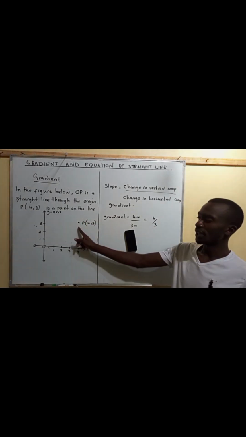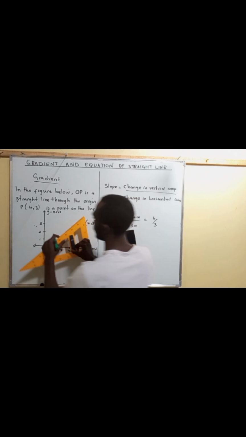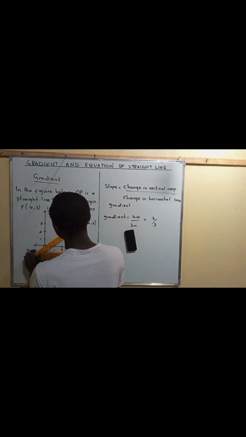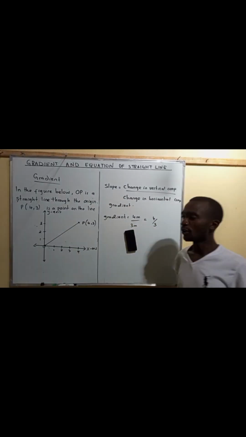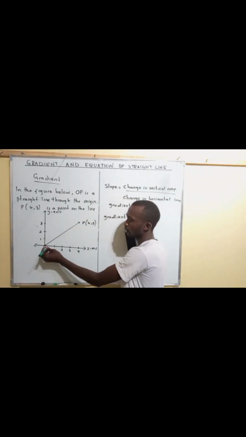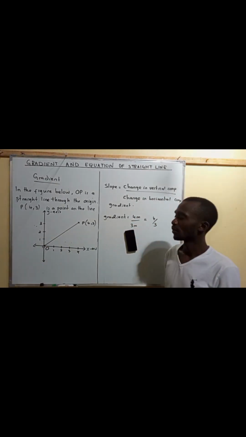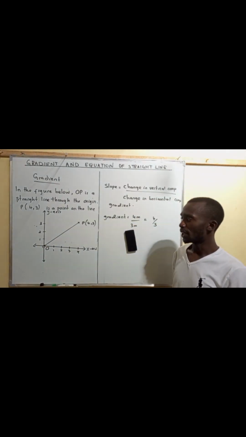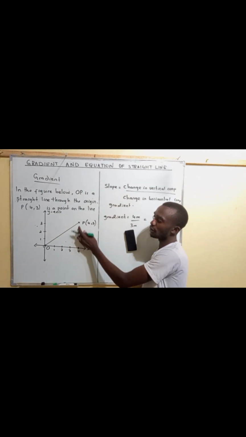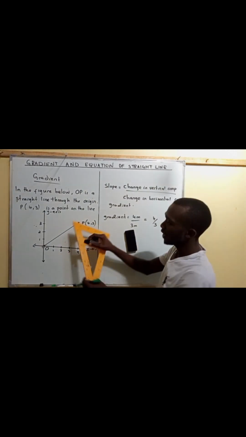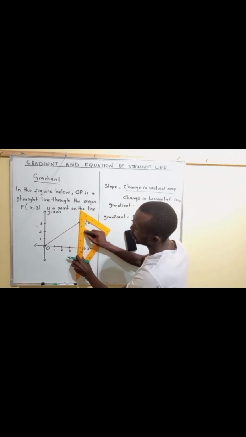Now I can join P to the origin. That is line OP. So we have point O and point P. Now, for line OP, we have the vertical component. In this case, we have an imaginary triangle here, which is incomplete.